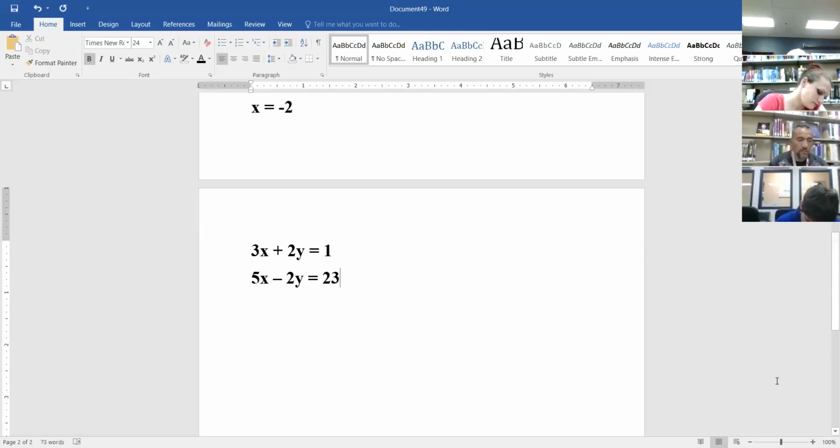Now, anytime you look at an equation, we've got one variable where each of the coefficients is the same, and they have a different sign. Okay. We can add those equations. If you look at this, let's just put down here, we'll just underline this one.